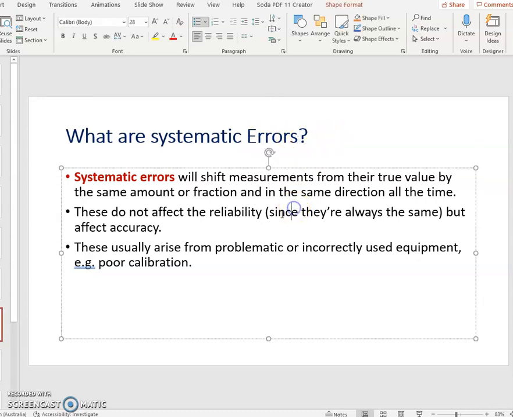Systematic errors are a little bit different. So systematic errors will shift measurements from their true value by the same amount or fraction in the same direction. Okay, these do not affect reliability since they're always the same, but will affect the accuracy. Okay, so they won't really affect the precision, but they will affect the accuracy.